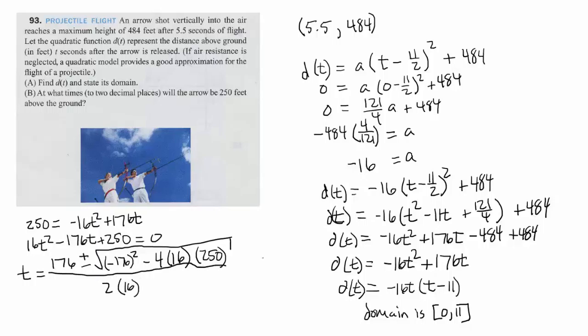And it asks us to round to 2 decimal places. And when we do this, we get 1.68 and 9.32. So at 1.68 seconds and 9.32 seconds after releasing the arrow, it will be 250 feet above the ground.